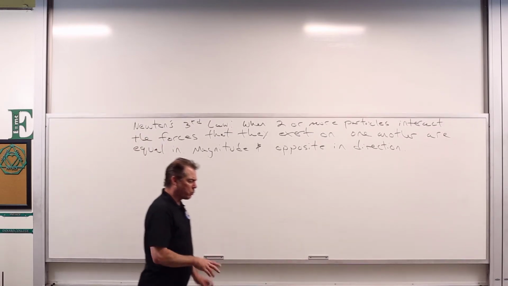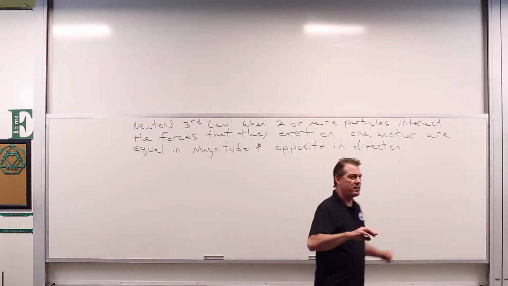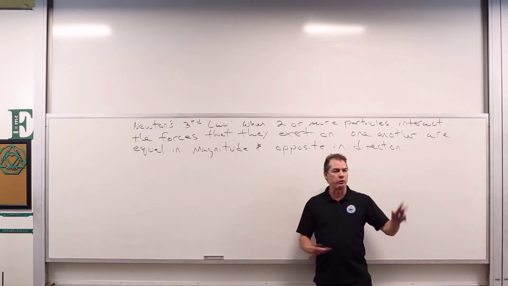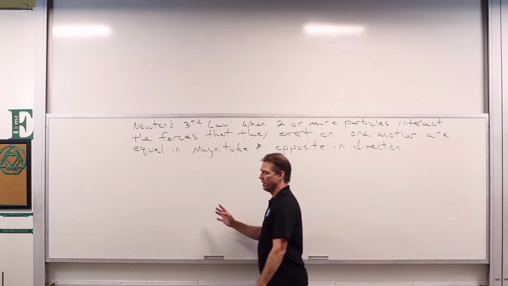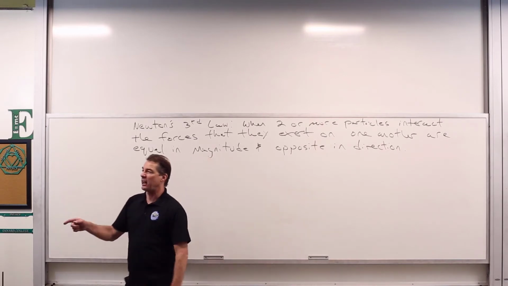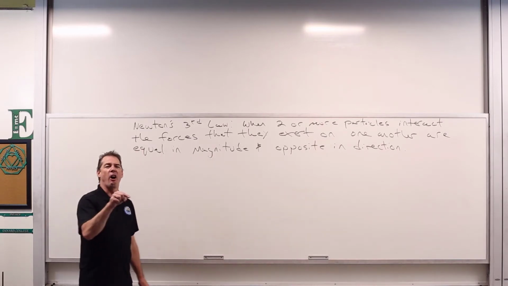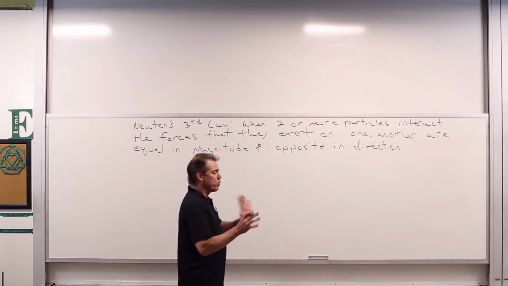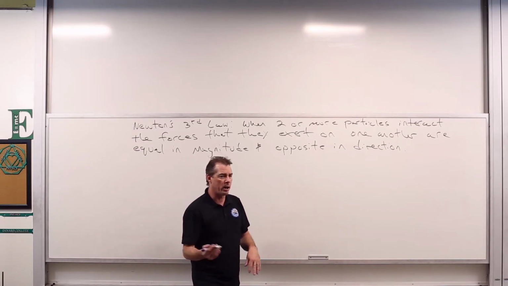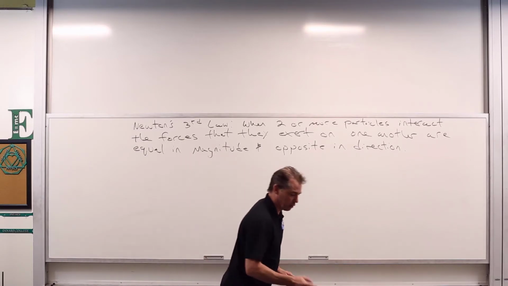So let us look at this. We're going to take two objects that are isolated, so there's no external forces acting on them, and we're going to set them on a collision course, so they are going to interact with one another. Two different masses, M1 and M2, on a collision course.